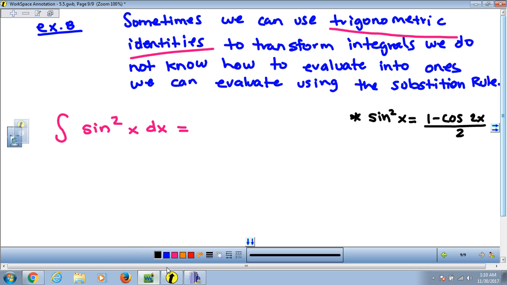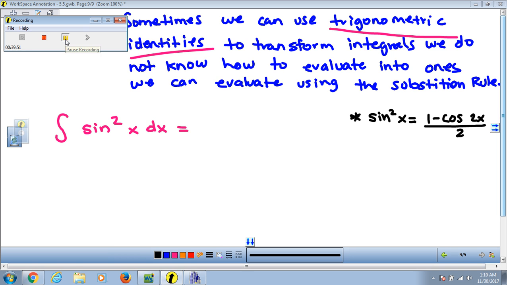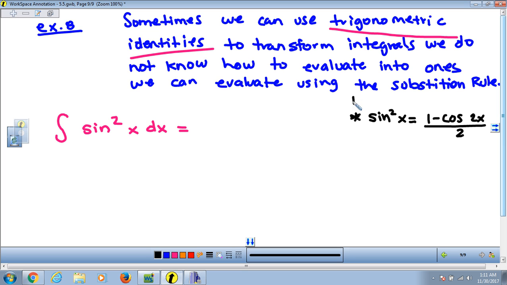So why don't you use this formula? So this formula comes from the power reducing type of identities. Identity or formula. So I'm going to replace this by that, not doing the integration.